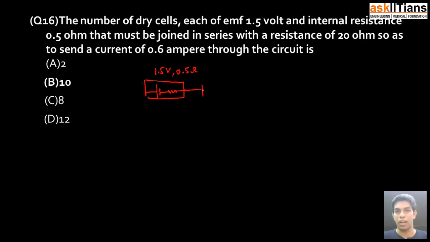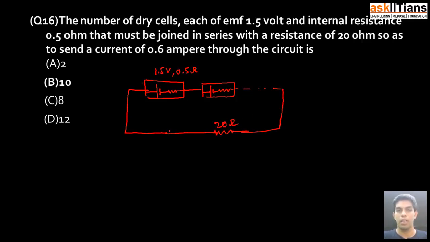I need to connect a particular amount of cells such that I have a current of 0.6 ampere in the circuit, where this is 20 ohm and this is 0.6 ampere. So let's say I have n cells. I need to find out the value of n.